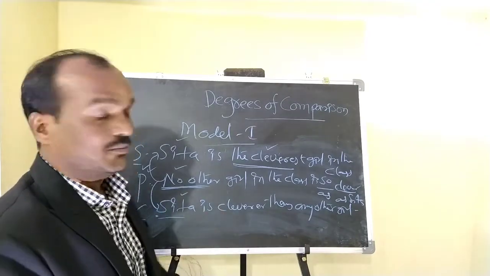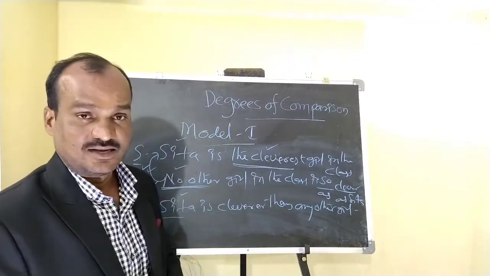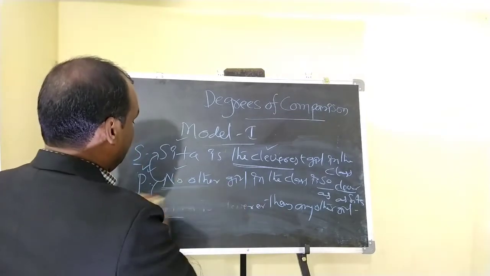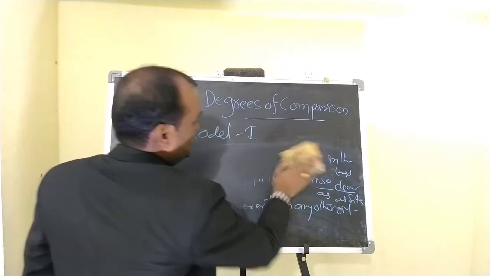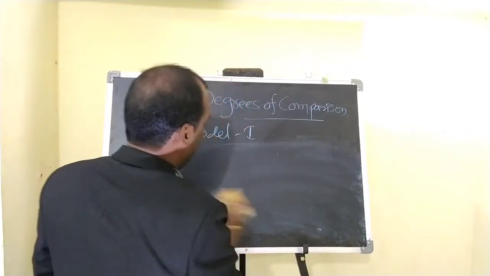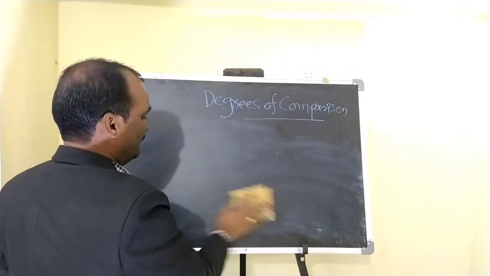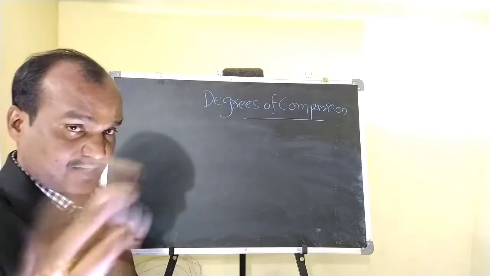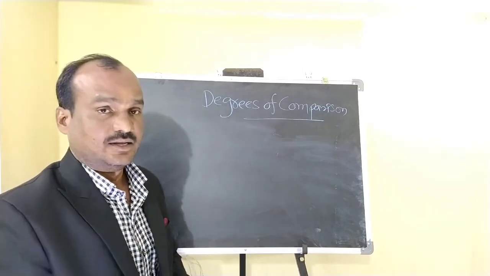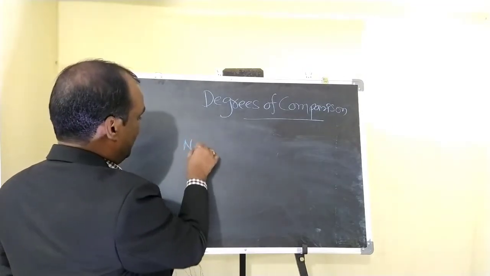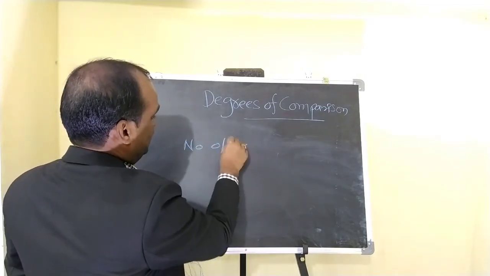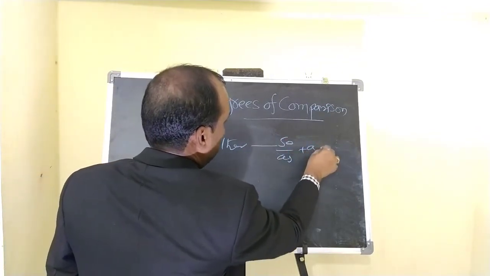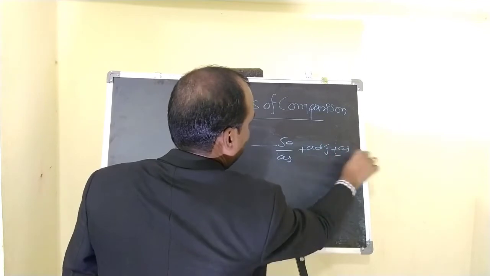Okay, this is model 1 of degrees of comparison, model 1 of transformation of sentences. Next we'll see what model 2 is. In model 1, the sentence begins with no other. In order to change it into positive degree, the pattern is: no other, so or as plus adjective plus as.